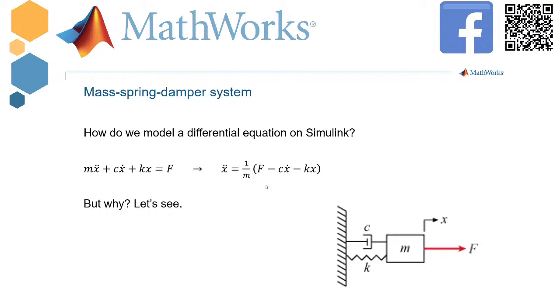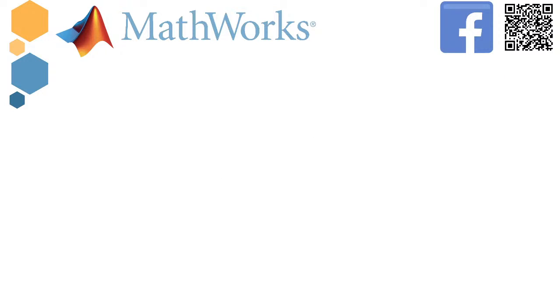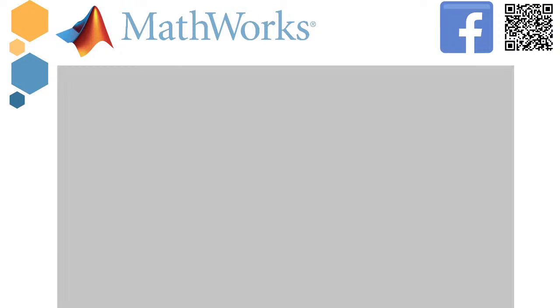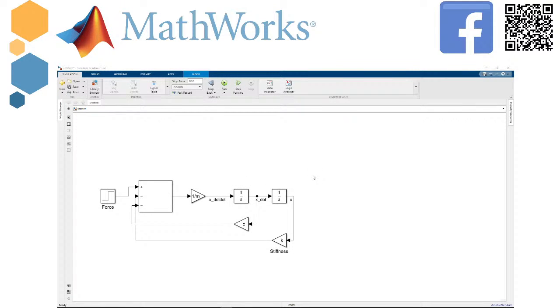But now I want to display our solutions with the scope. So the scope, where can I put it? If I want to know how the position of our mass is displayed, I need to create a scope, just to display, and then connect it directly to x.